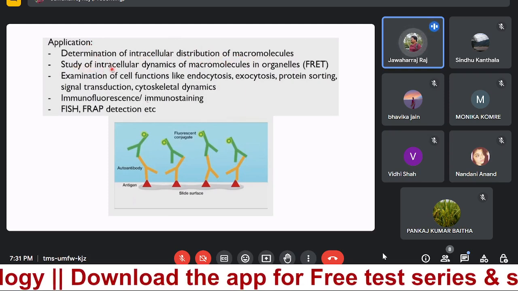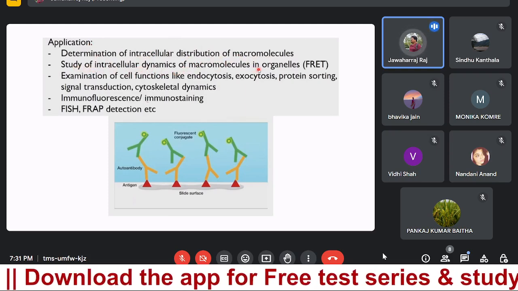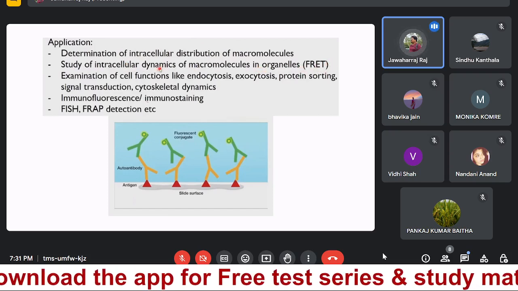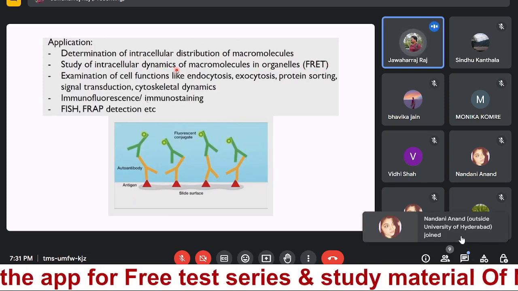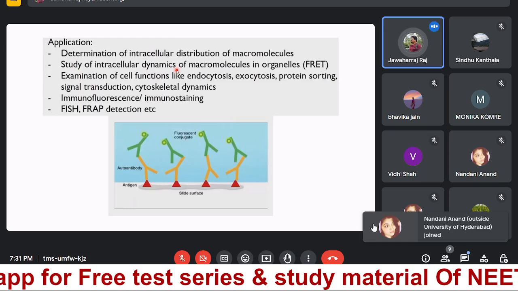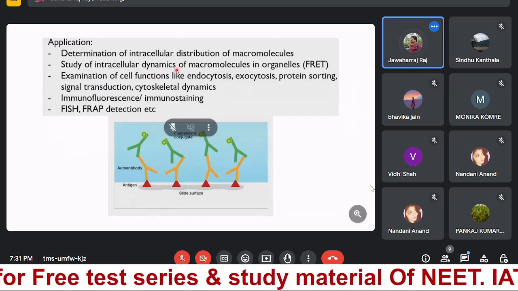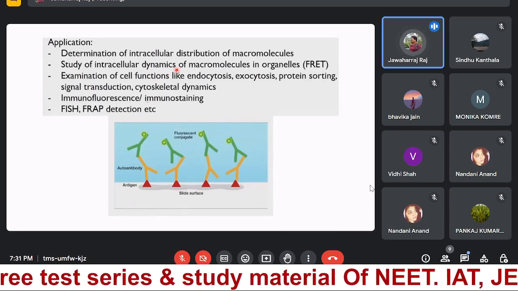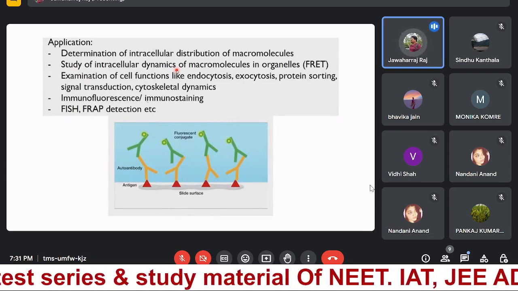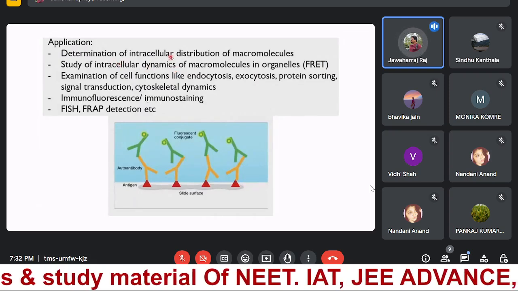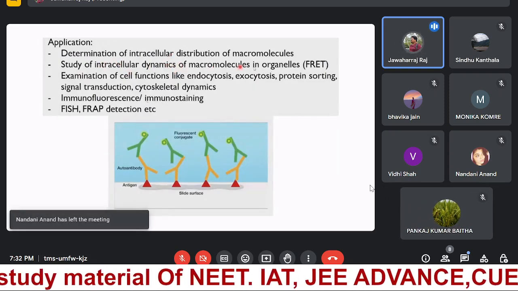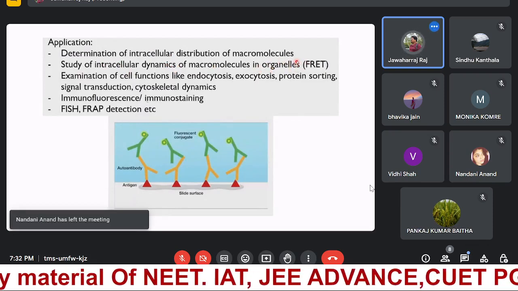Or you can study the intracellular dynamics of macromolecules. It is called FRET. Intracellular dynamics means, for example, the movement of a transcription factor. A transcription factor is a protein; it will go and bind to your DNA. You can know the dynamics of that, and also the dynamics of your organelles.